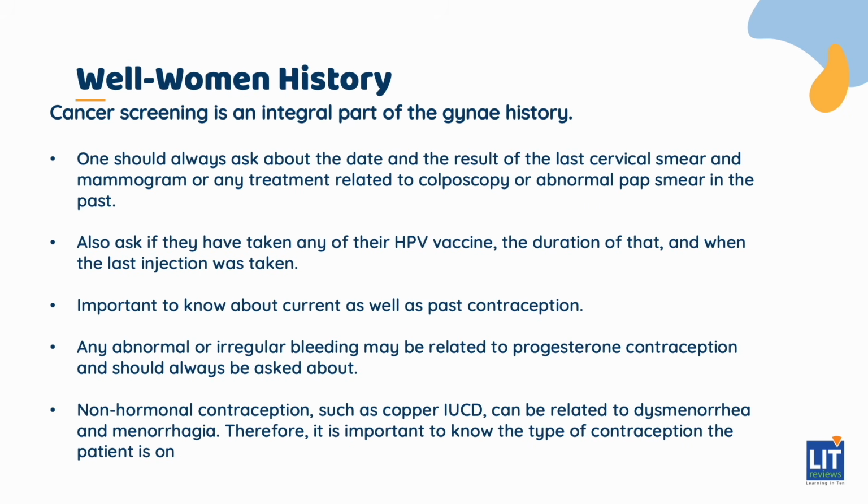In non-hormonal contraception such as IUCD, it can be related to dysmenorrhea and menorrhagia, and therefore the importance of knowing the type of contraception. Any problems with the current contraception, as they may require a change of contraception or further advice.